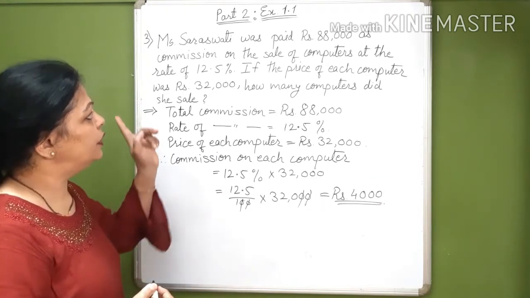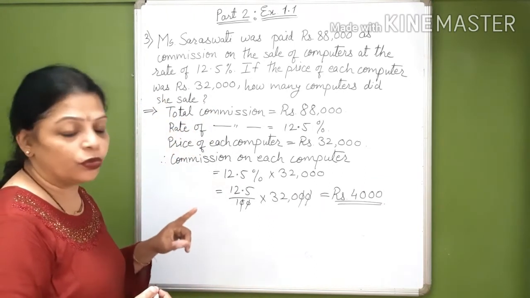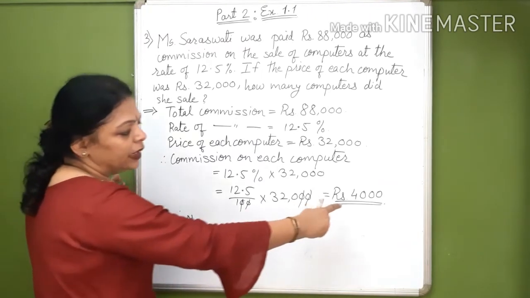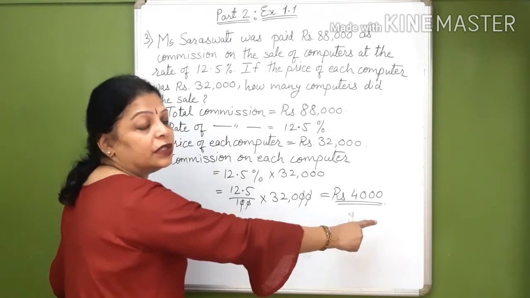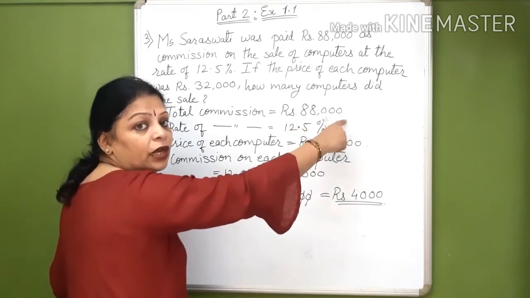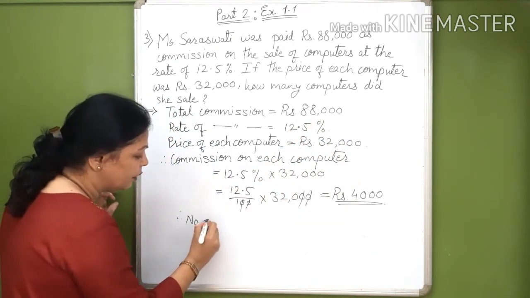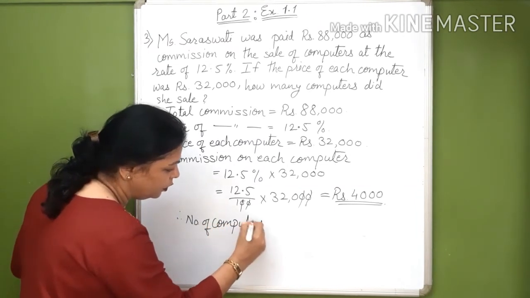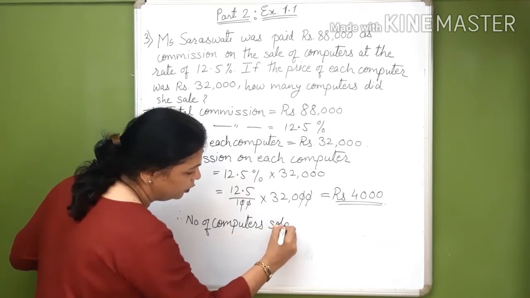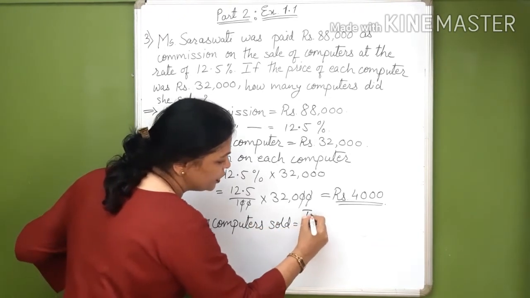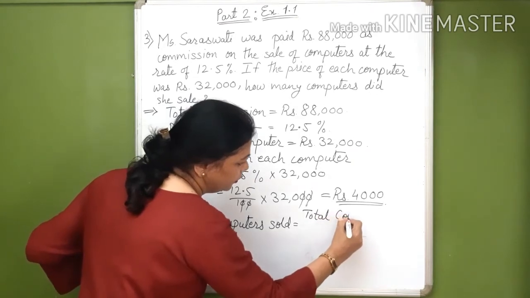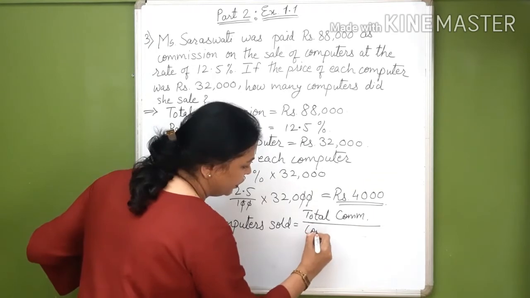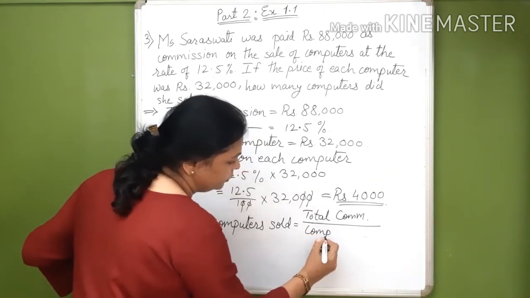Now we have to find out the number of computers sold. So now on each computer she gets the commission rupees 4,000. Total commission is 88,000. That means the number of computers sold will be equal to total commission upon commission on each computer.